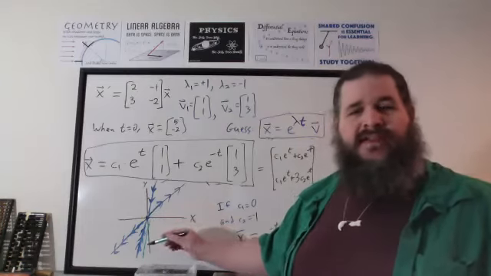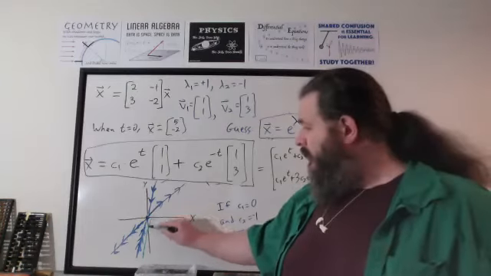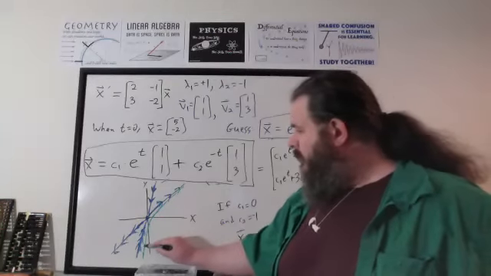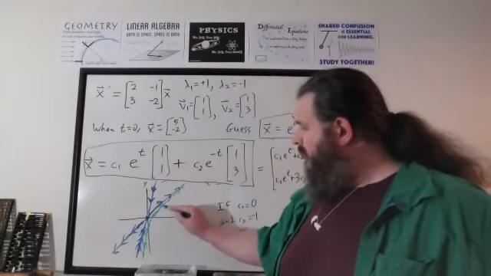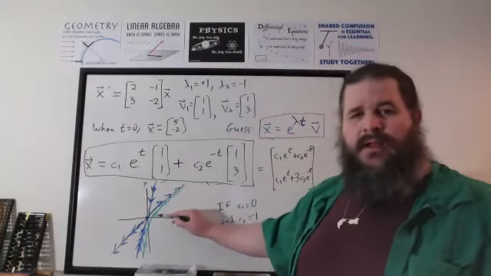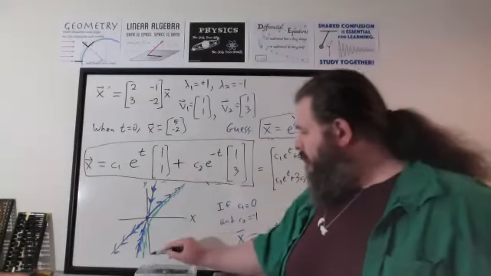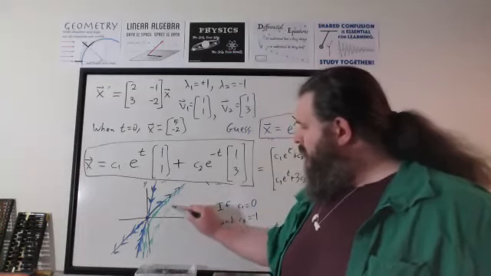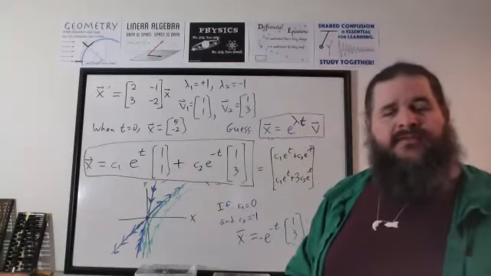So the exponential growth starts to play a role, and you start diverging out this direction instead. So one of the solutions is going to look like this. Starts off converging towards the equilibrium, but then ends up diverging instead.